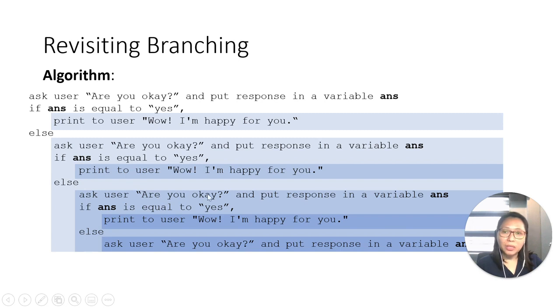If the user answers yes on the third question, it's okay. But what if the user answers, let's say, no 10 times, and on the 11th time, that's the only time they would say yes? This algorithm will not work anymore.